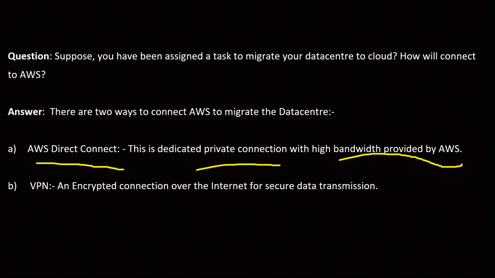AWS Direct Connect is a high bandwidth connection which creates a tunnel between the AWS cloud and your data center, so all your data can be transferred to AWS.